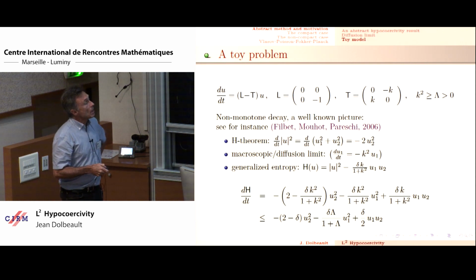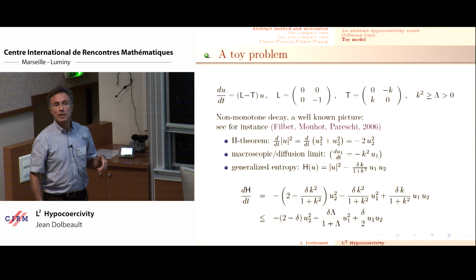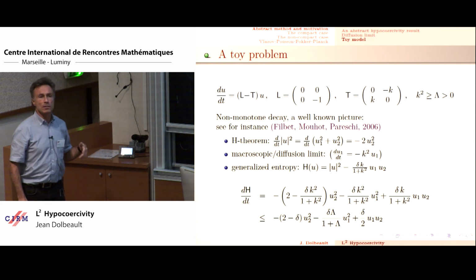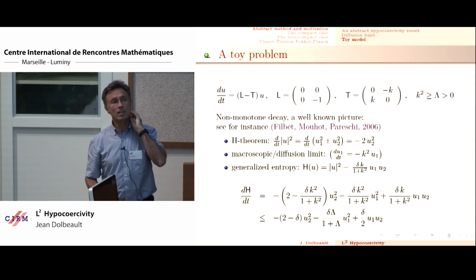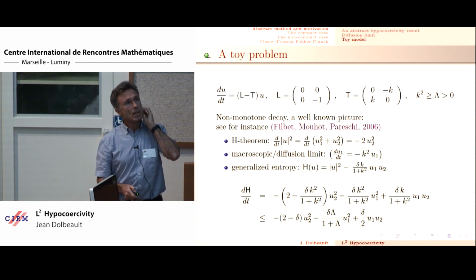And, well, the idea of the generalized entropy is just to make some twist on the coordinates. So instead of taking the usual norm, you combine u1 and u2, exactly like you do with the hypocoercivity method developed by Cédric in the H1 framework. But here it's at the L2 level. So if you do this, well, it's just a brutal computation.